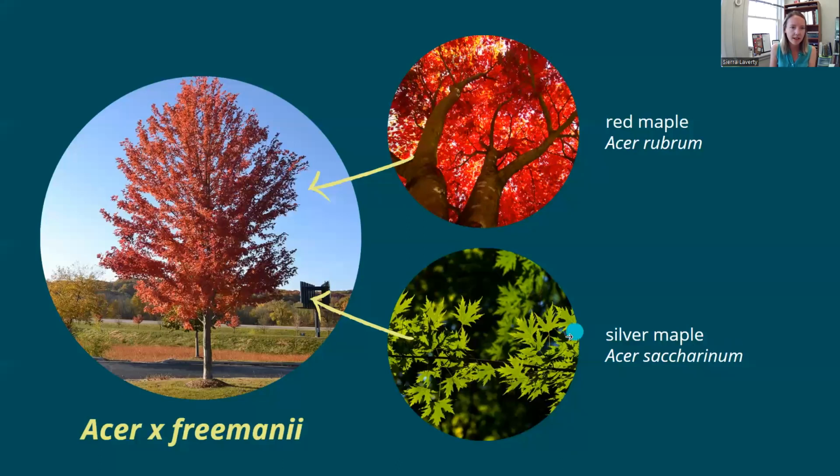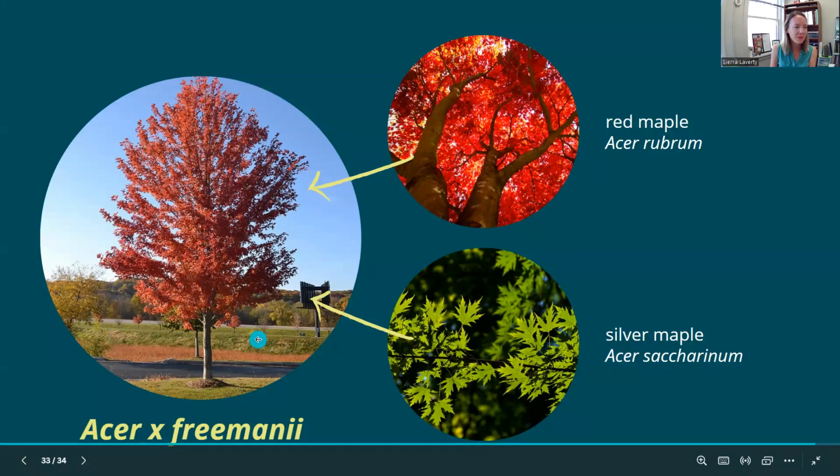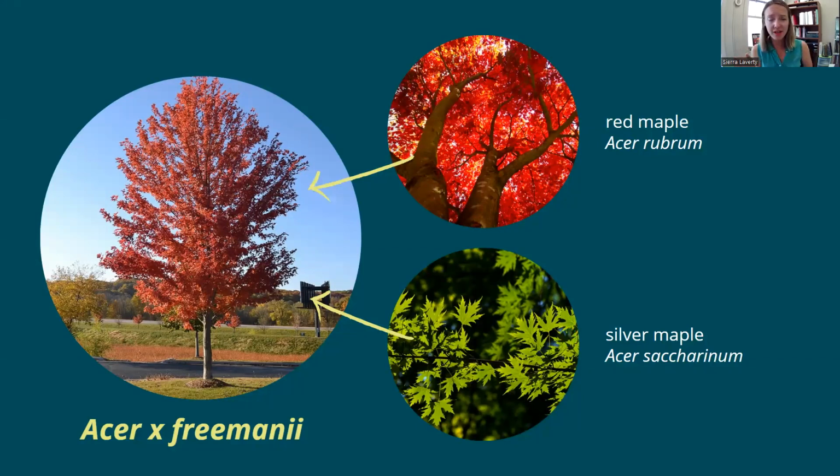So let's look at an intentional cross here that was done many years ago. You may recognize this maple over here, or at least undoubtedly you have seen this tree. This is the Starbucks of trees nowadays. It's on almost every corner.